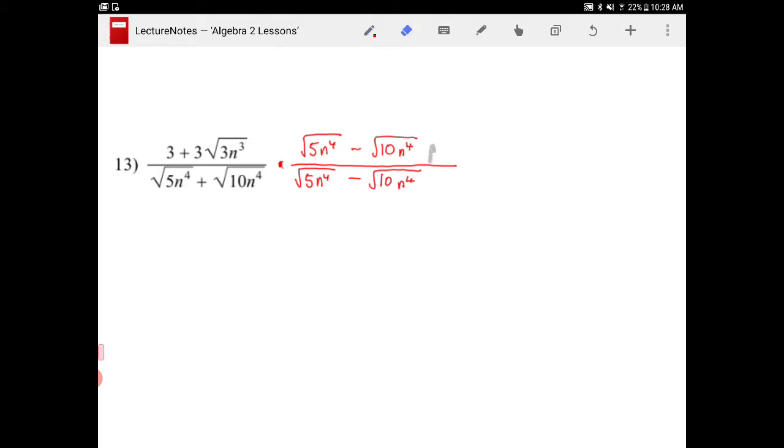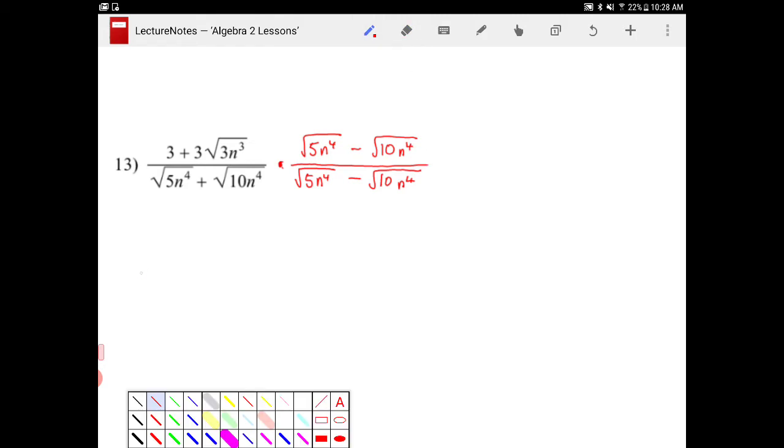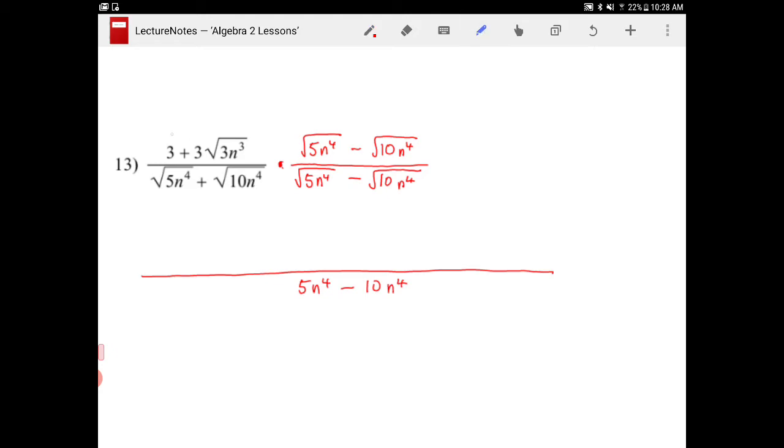And if I go through, the denominator is something that's nice and structured for me to re-express. So this becomes 5n to the 4th minus 10n to the 4th, right? The numerator is what's tricky here, so I'm going to multiply that out.